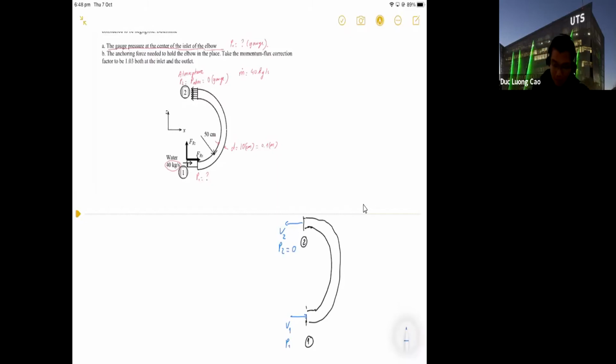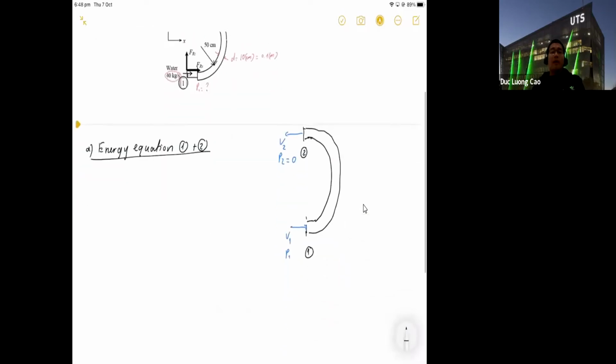So for question A, we will apply the energy equation, or Bernoulli equation, between point 1 and point 2.